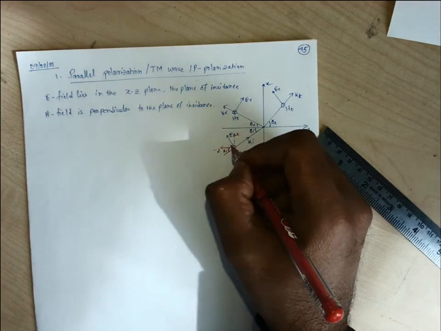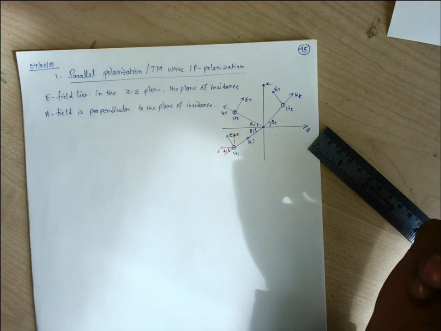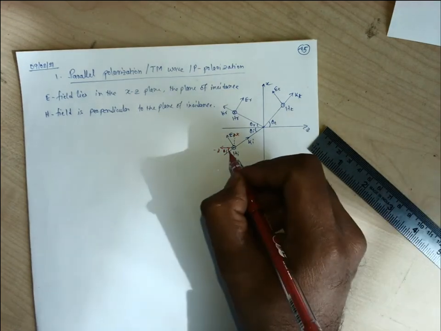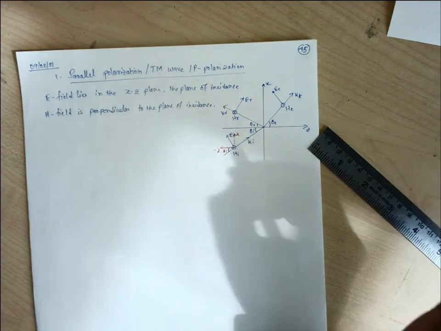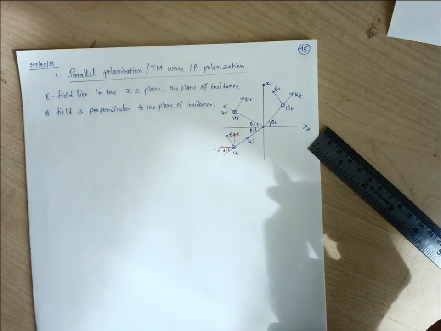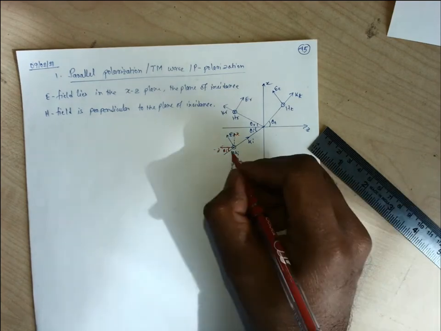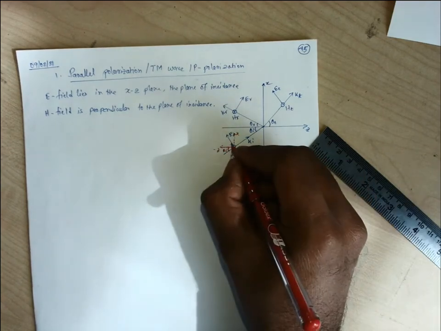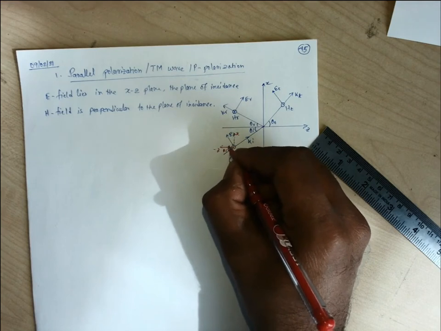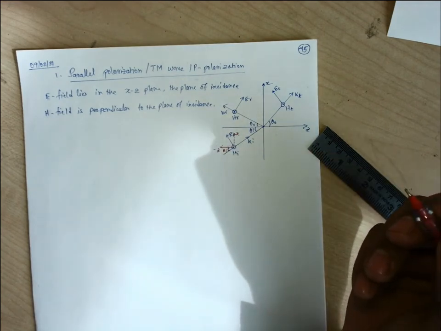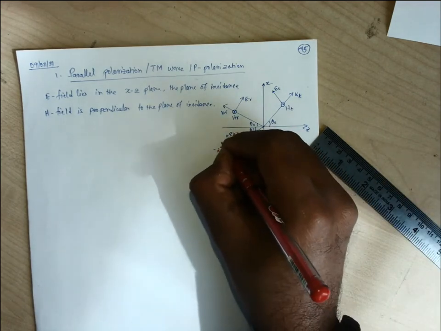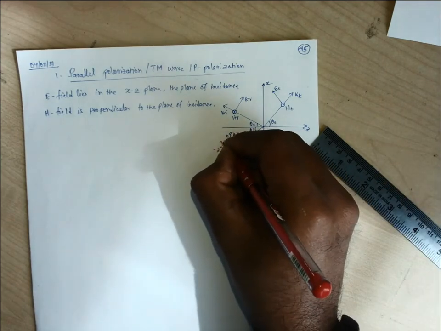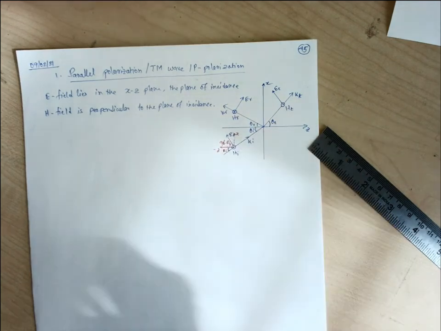Again, the propagation vector and the field are at 90 degrees. Then if this is theta I, obviously the angle between E I and z will be 90 minus theta I.